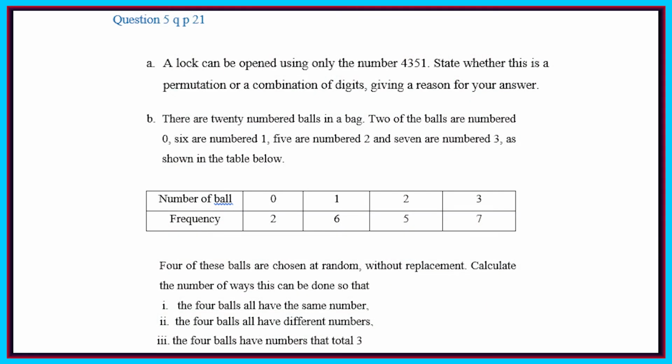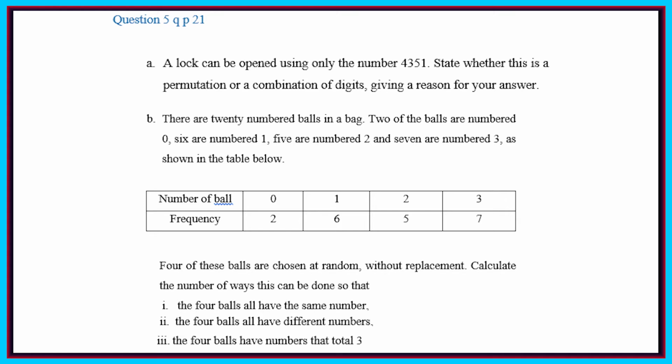Question 5, QP 21, 2015. A lock can be opened using only the number 4351. State whether this is a permutation or a combination of digits, giving a reason for your answer.